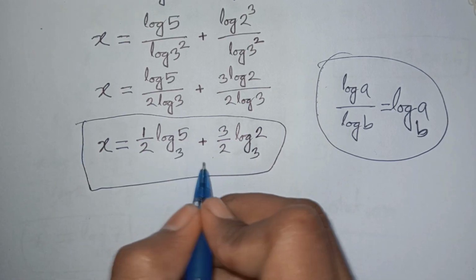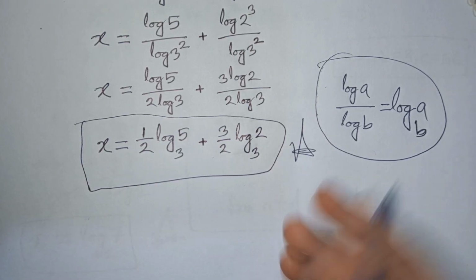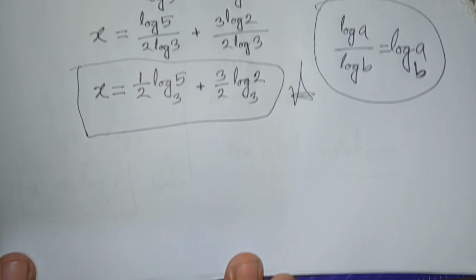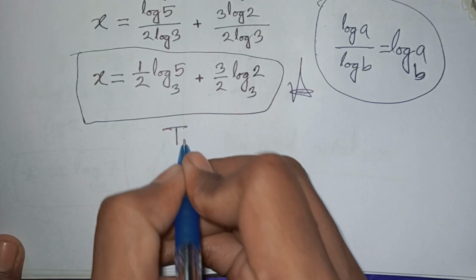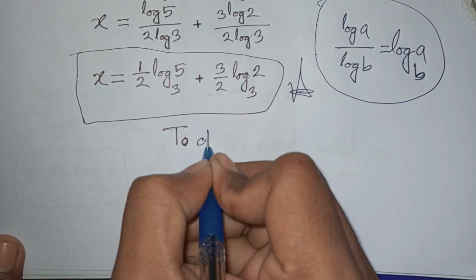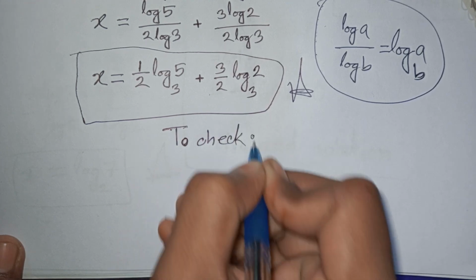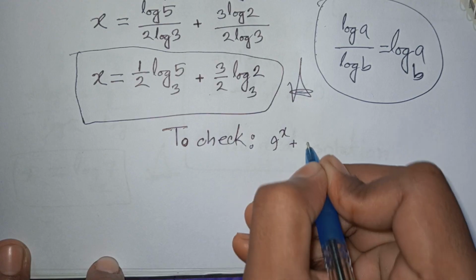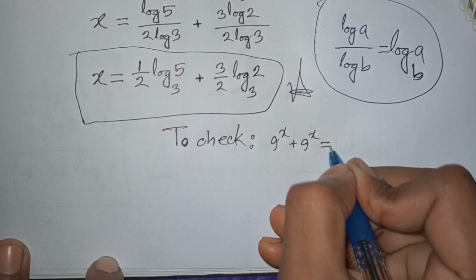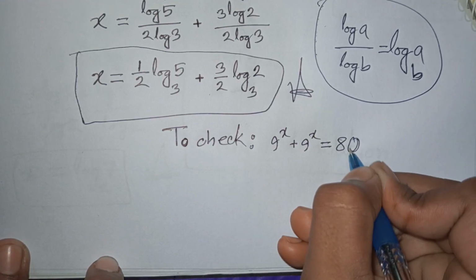So this is the value of x. So this is our final answer. Now to check our equation, 9 power x plus 9 power x is equal to 80.